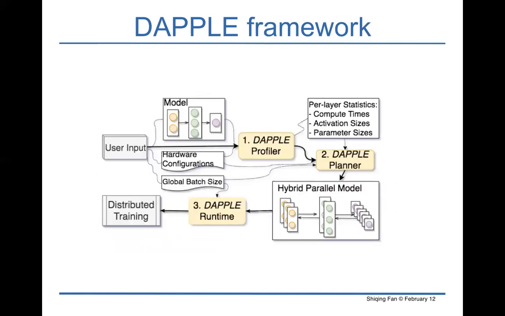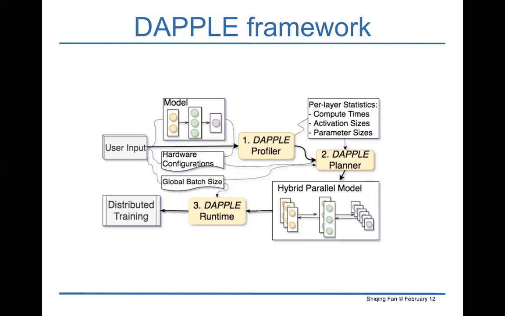This figure shows the high-level workflow of DAPPLE, which features a profiler, a planner, and a runtime system. Overall, the DAPPLE profiler takes one DNN model as input and profiles execution time, activation sizes, and parameter sizes for each layer.